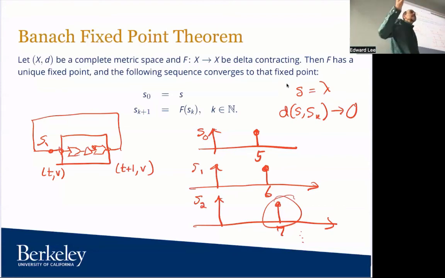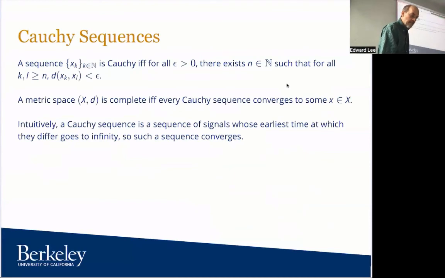Okay, so this is a completely different way to construct the semantics from the one that we did before. It's one that operates on entire histories of signals instead of on individual values. There are technicalities that have to do with the completeness of the space. In particular, you have to be able to prove that the limit always exists, okay, and that it's in your space of signals.